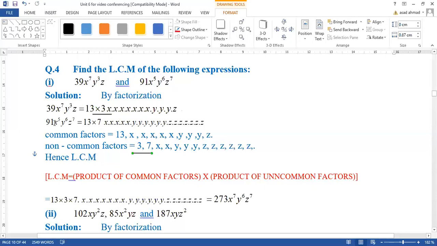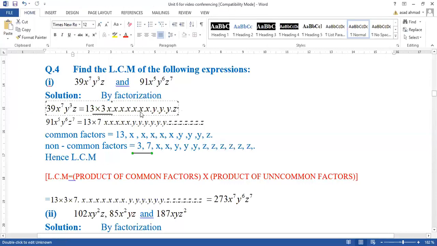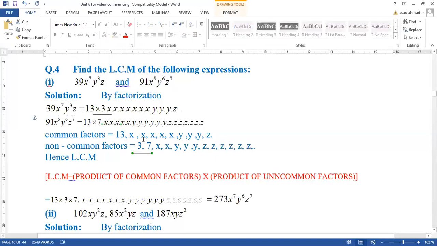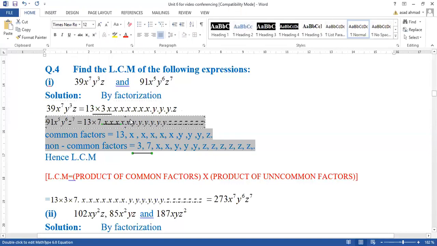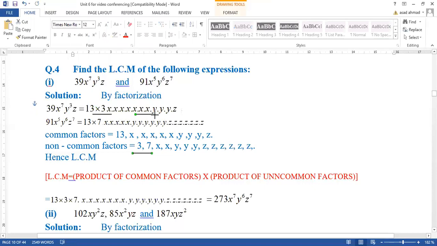Then you can see that we have taken x to the power 5, x to the power 5. These were actually the common parts. So only two x's will be this part. If I just highlight it, these two x's are actually such two parts of x which are not common.